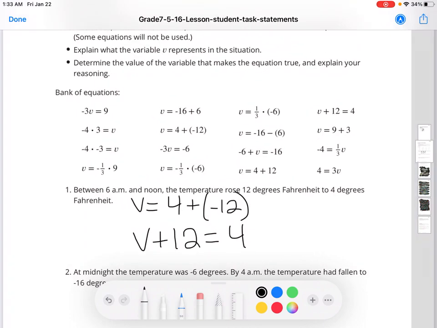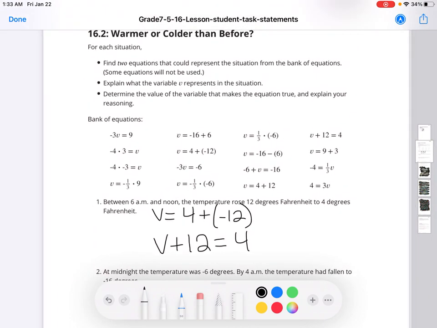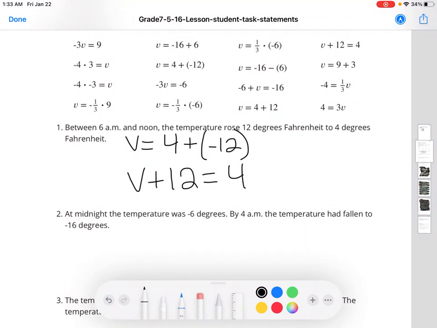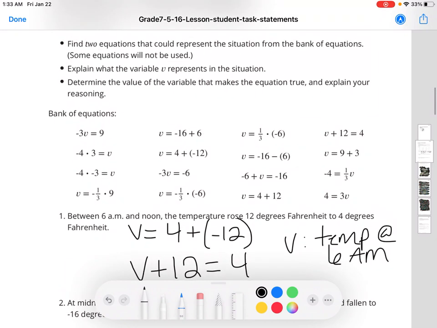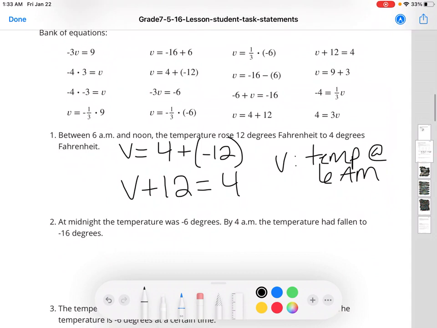So what does the variable V represent in this situation? V would represent my temperature at 6 a.m. Okay, and then you're supposed to determine the value of the variable.